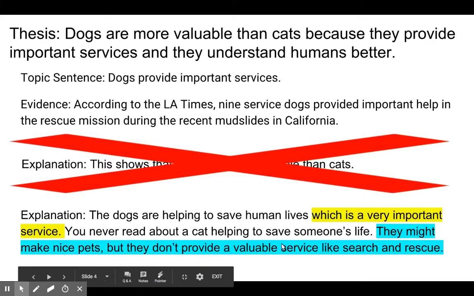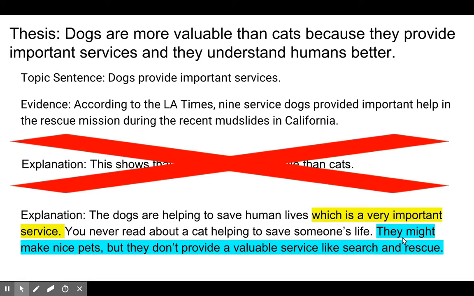But then I also need to tie this back to my thesis. Why is providing this very important service so valuable? And why does it make dogs more valuable than cats? Well, cats might make nice pets, but they don't provide a valuable service like search and rescue. The blue highlighted part shows how I explain how my evidence relates back to my thesis.